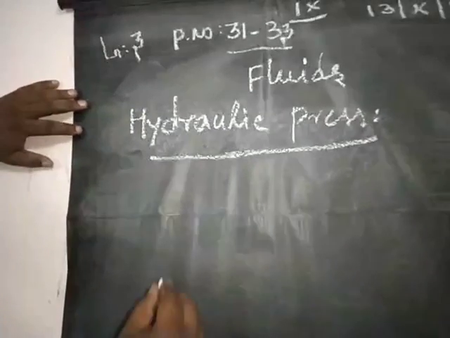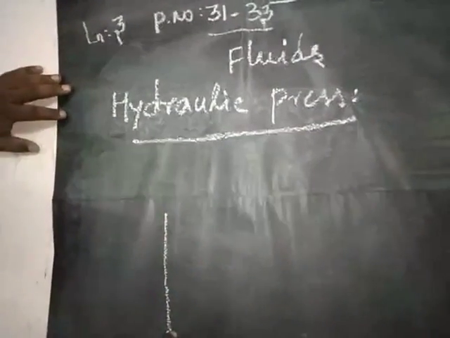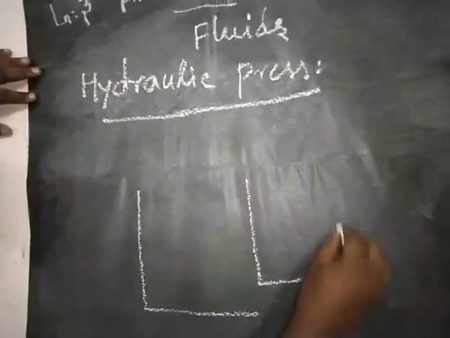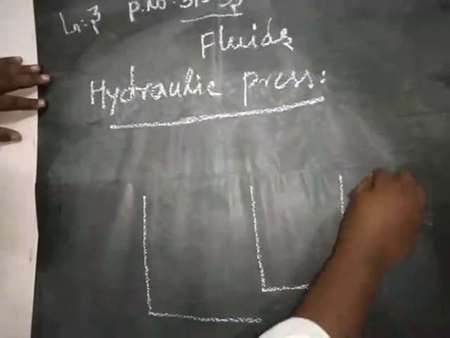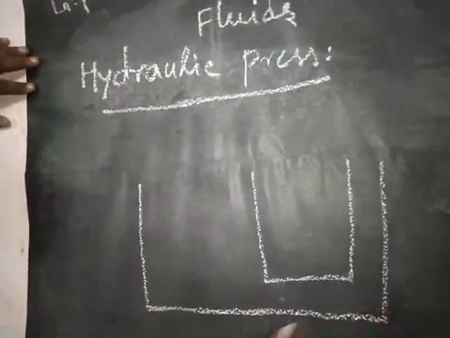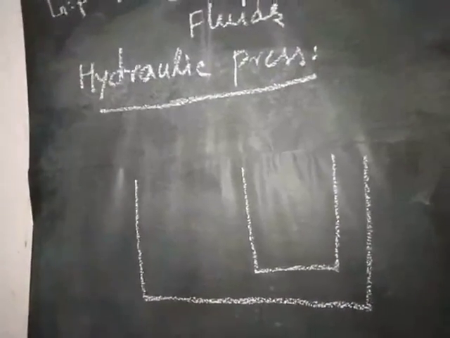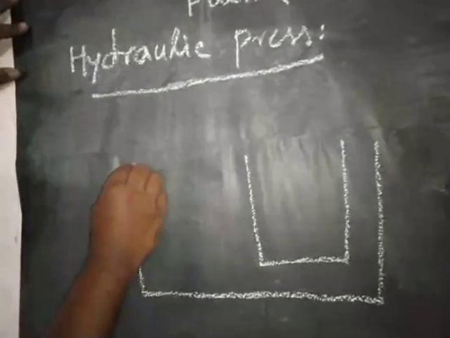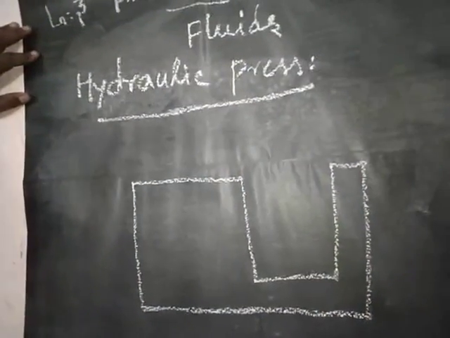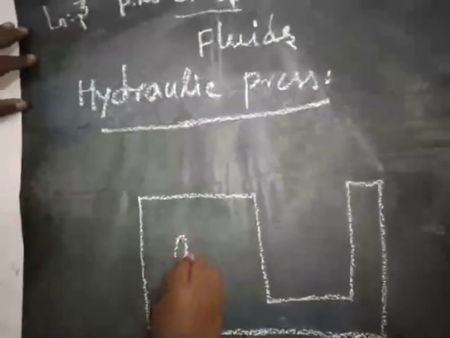Pascal's law principle. So here we have to take two different cylinders containing different cross-sectional areas.